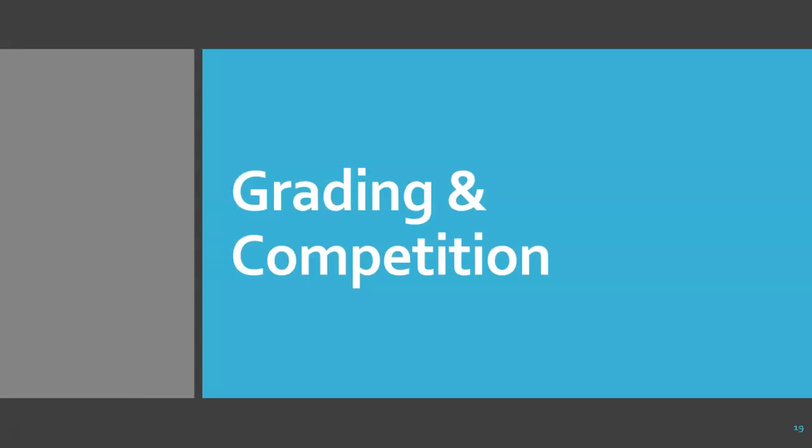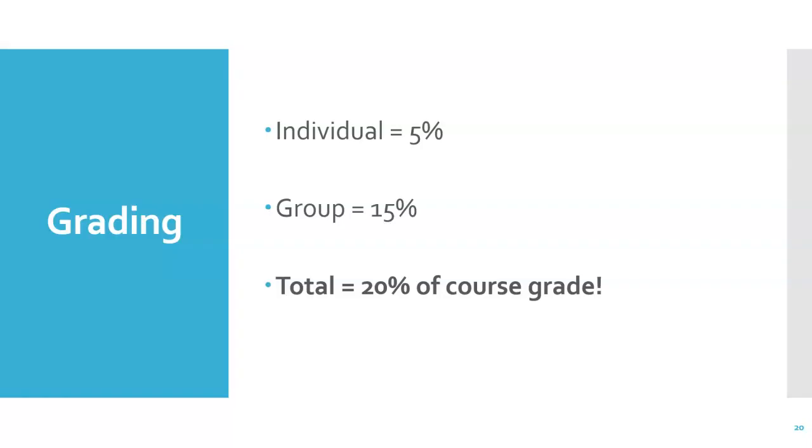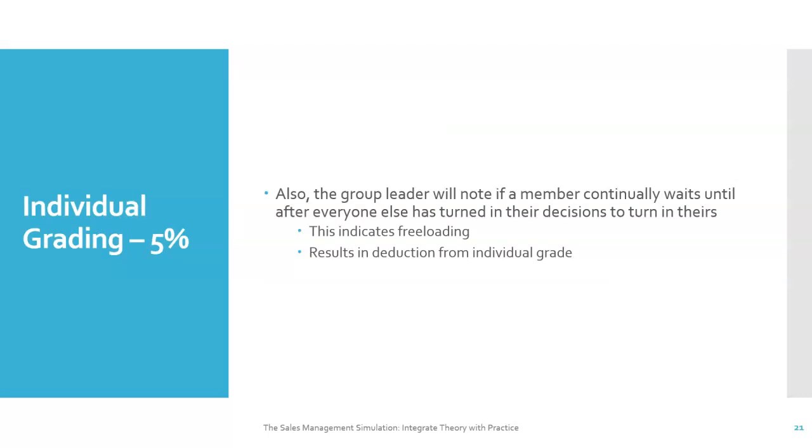So how are you graded? Individual grade is 5%, your group grade is 15%, so 20% of your overall course grade. So let's break that down further. Your individual grade is based on you making a decision before your group meets to make the group decision.